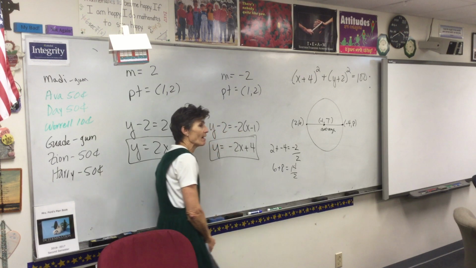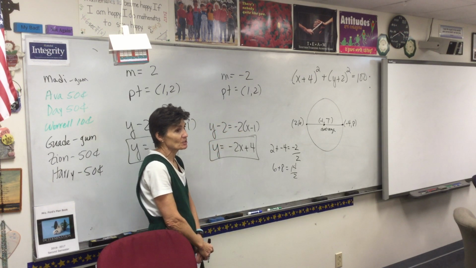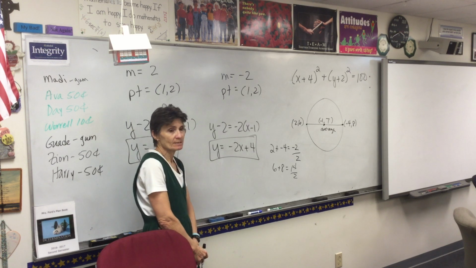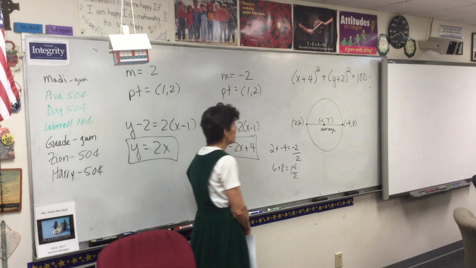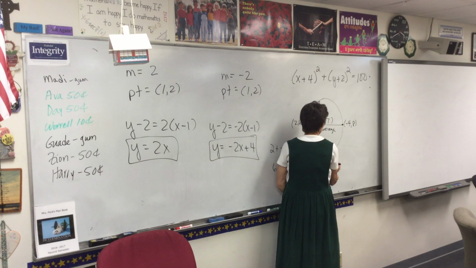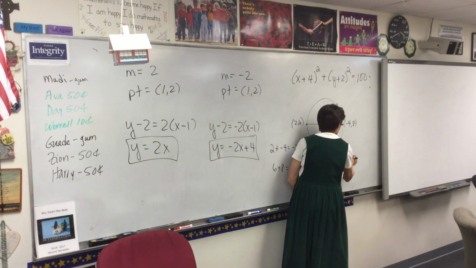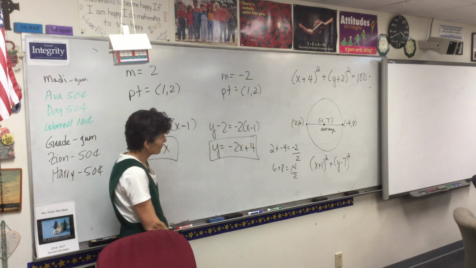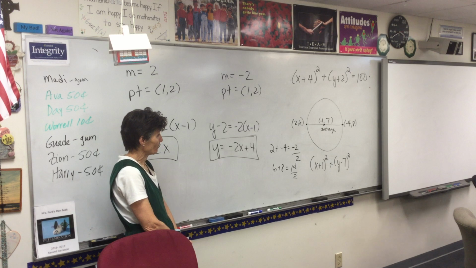Everybody in here knows how to average two things. You add them up and divide by 2. So we're going to find our center by averaging the x's and averaging the y's. So now I have my center, so I know my equation looks like this so far. (x + 1) squared, (y - 7) squared.